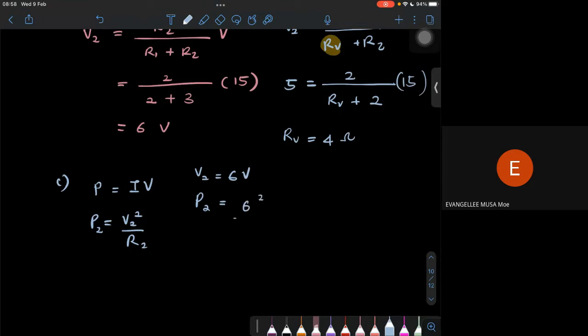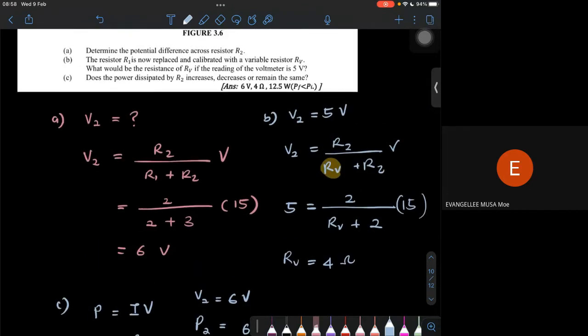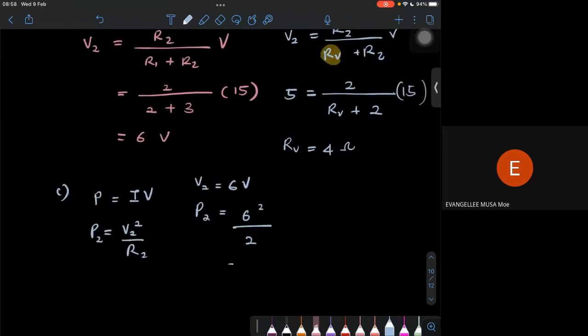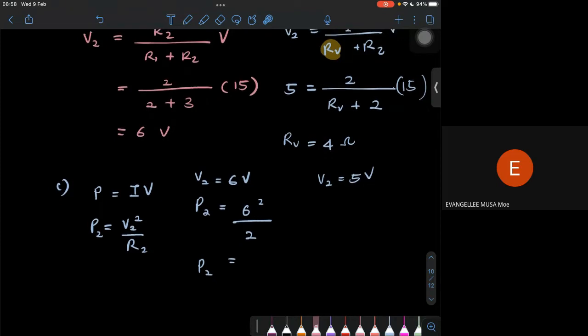We just masukkan lah R2, dan kamu akan dapat 18 watt.